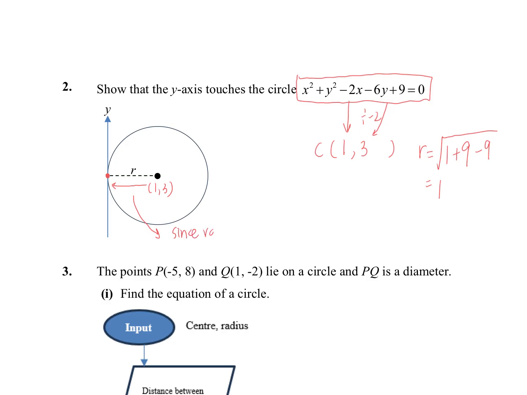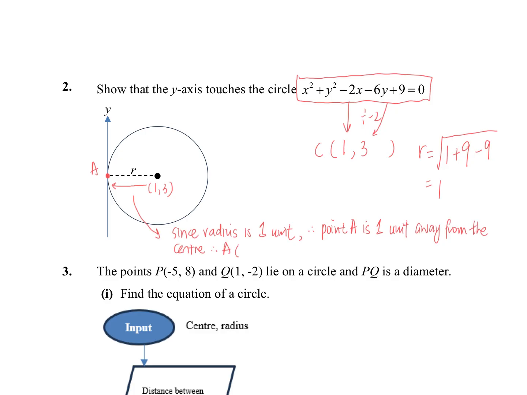Since the radius is 1 unit, you can let this point be A. So point A is 1 unit away from the center.